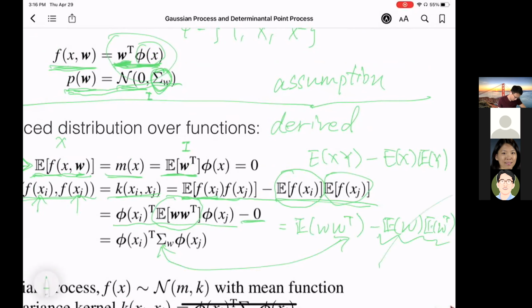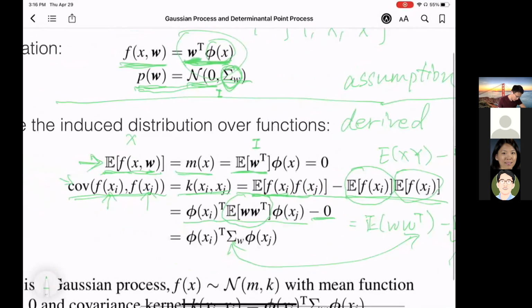What's the dimensionality of f(xi) and f(xj)? Because we have the W transpose, but somehow in that E[f(xi)f(xj)], we need to put a transpose on the first f(xi). It's a single dimension, right?